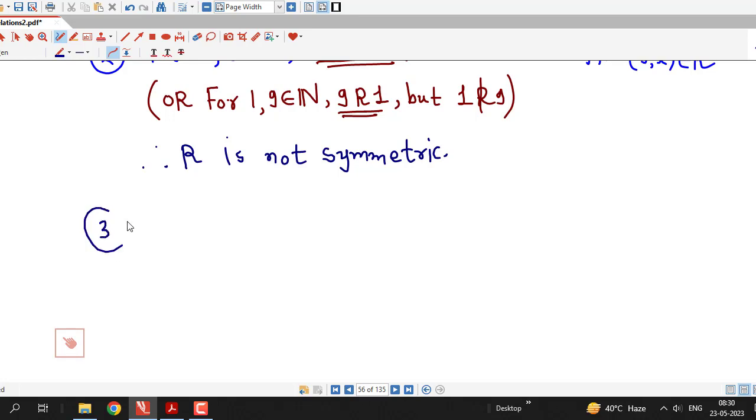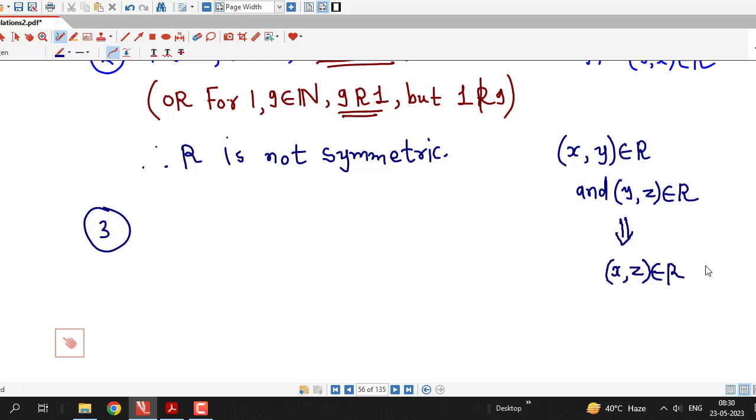The third one is the transitive property. So we recall that for the transitive property, we have to check that whenever (x, y) belongs to R and (y, z) belongs to R, we must have (x, z) belongs to R. If this is happening, then we must have this (x, z) belongs to R. So if this happens, this must happen.